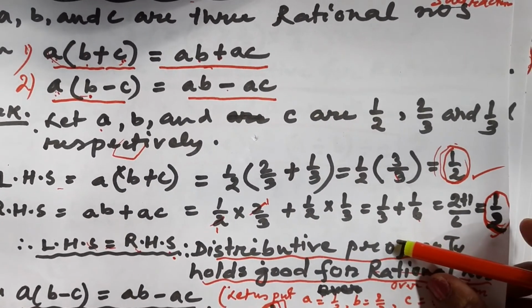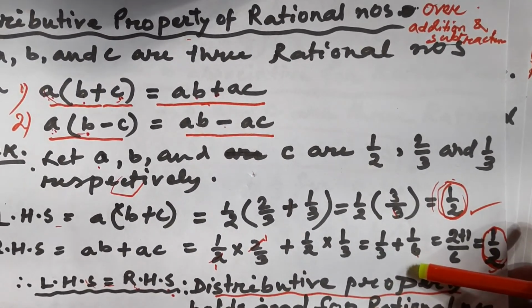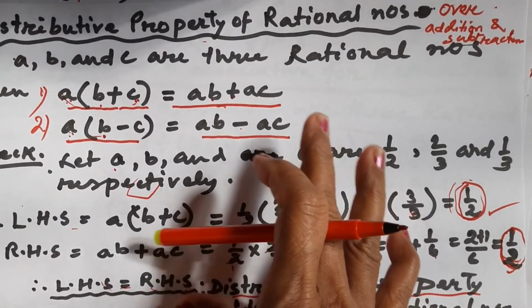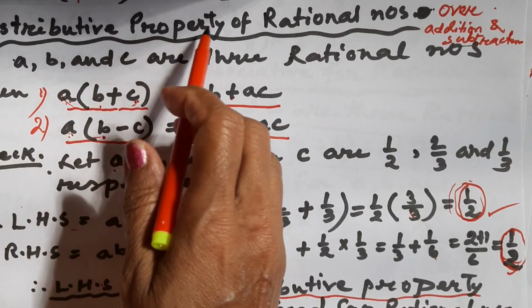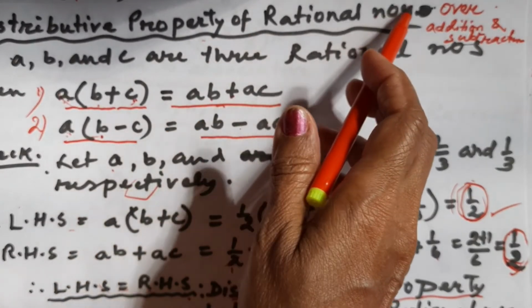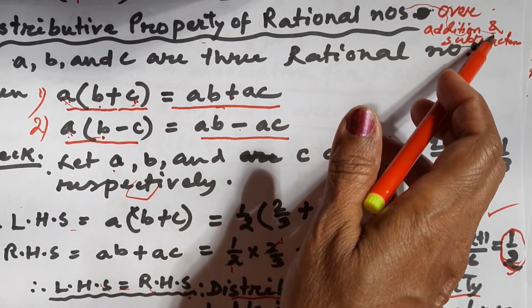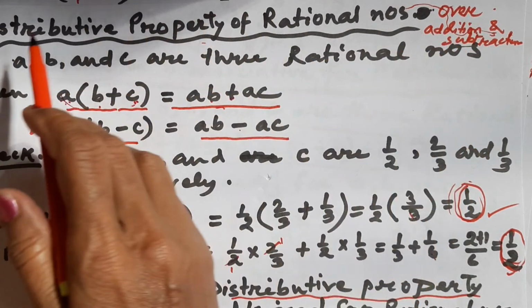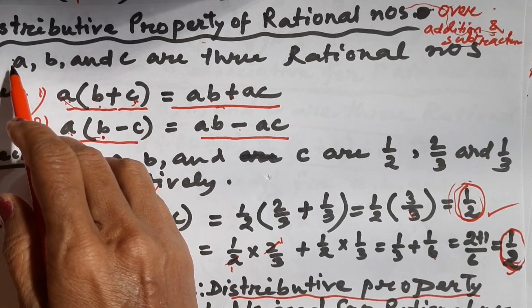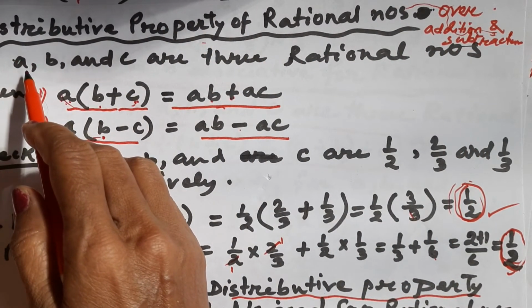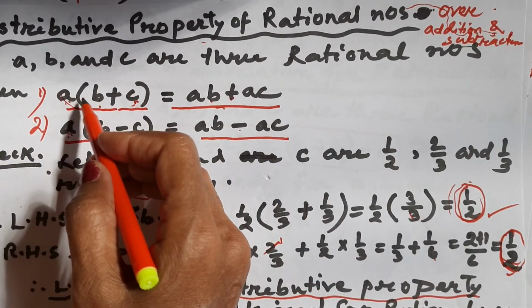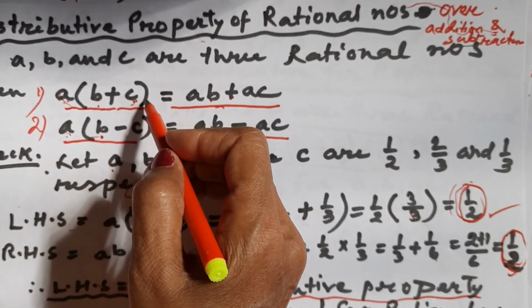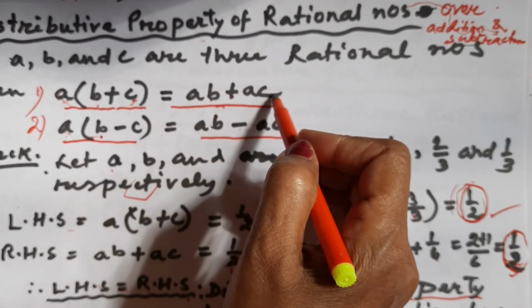Now, last is our distributive property. Distributive property of rational numbers over addition and subtraction. Now, what is distributive property? According to distributive property, if A, B and C are three rational numbers, then A into B plus C will be equal to AB plus AC.